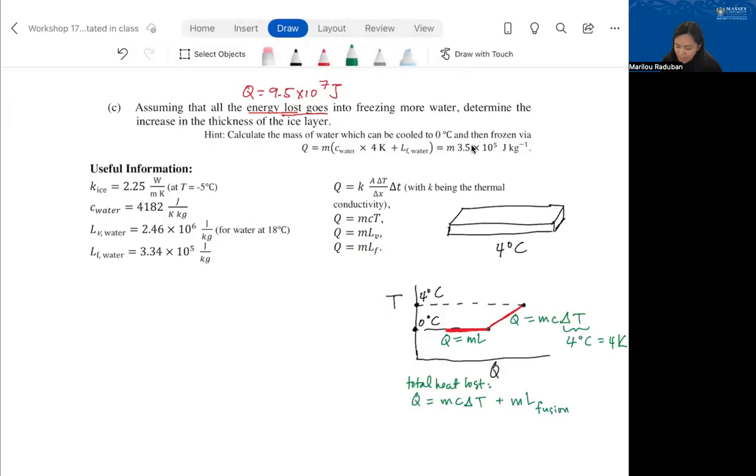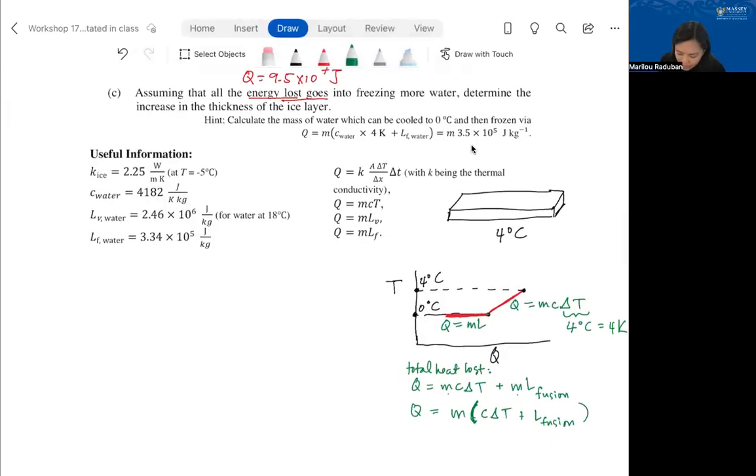It's the same mass, the same amount of water, that changes temperature, goes down to 0 degrees Celsius, and also freezes. So the mass is the same in these two terms, so you can factor out mass. I think we learned about factorization before. You can take out mass from both terms in the equation, so you have mass times the thing in brackets.